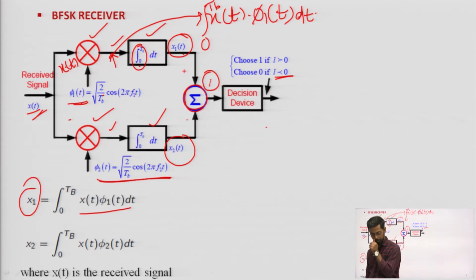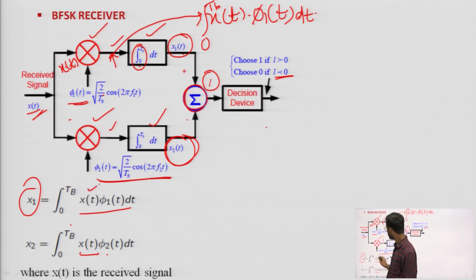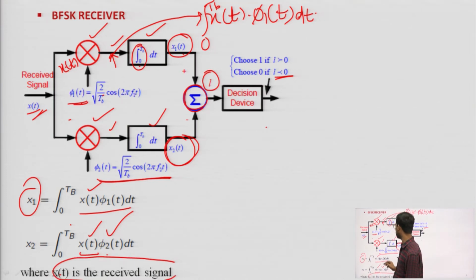In the same fashion I will get x2: x2 is the integral from 0 to Tb of x of t multiplied by phi 2 t dt, where the same x of t goes to product modulator 1 and product modulator 2. Here x of t is the received signal.